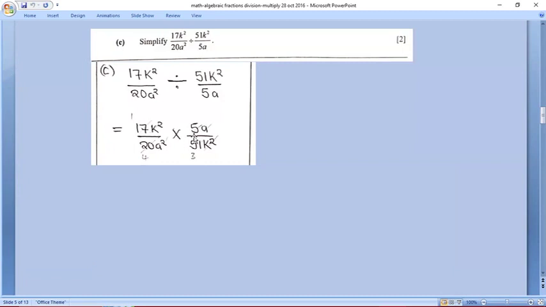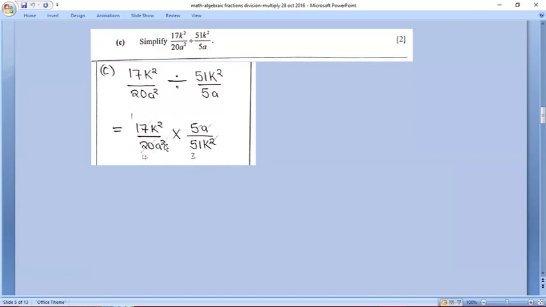It doesn't matter which side, because this is multiplication, as long as they are the same factors. So there we have a k squared, and at the bottom again we have a k squared. We can cancel these two.